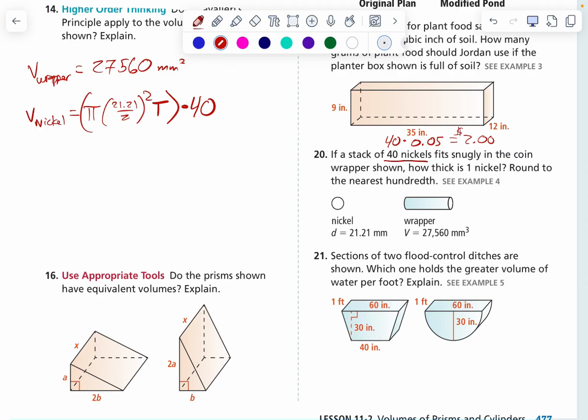So you just set equal. We say, I'm going to move the 40 to the front. And then pi 21 over 2 squared T equals this volume. And then we just solve for T. So in this case, we can just divide.